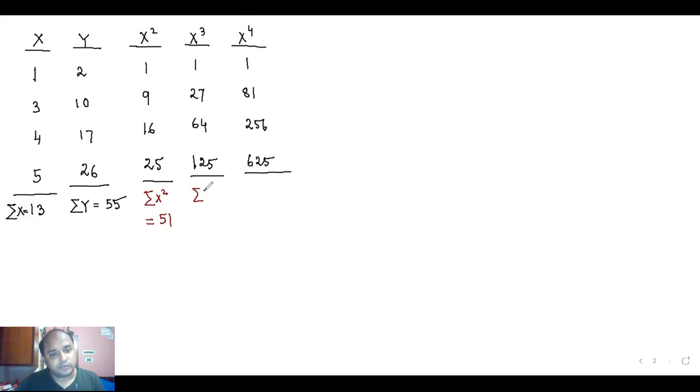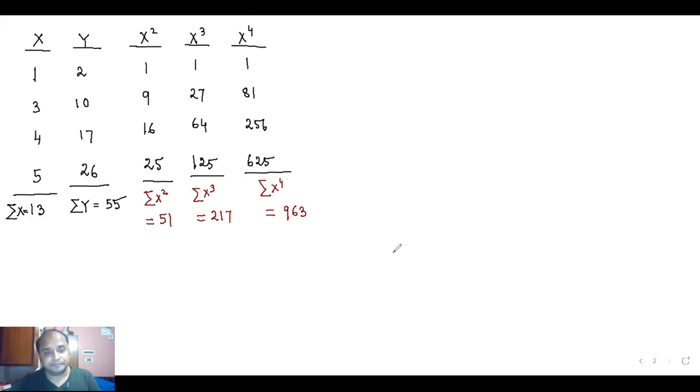Summation X cube that we are getting is 125 plus 64 plus 28, that is 217. And summation X to the power 4 will be 625 plus 256 plus 82, that is 963.